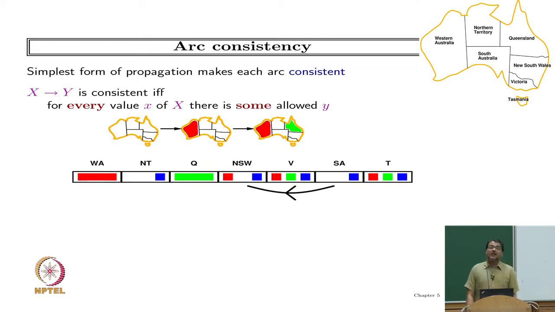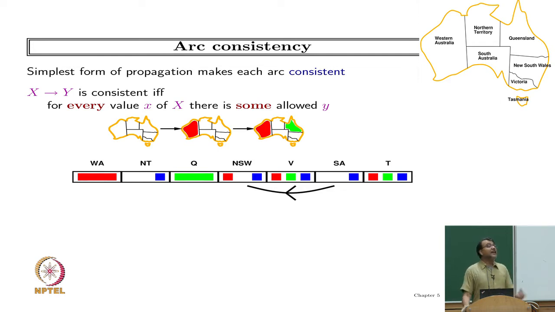We say that an arc x to y is consistent if and only if for every value small x of x there is some value small y for y. An arc x to y is consistent if for every value of x there is a value of y.